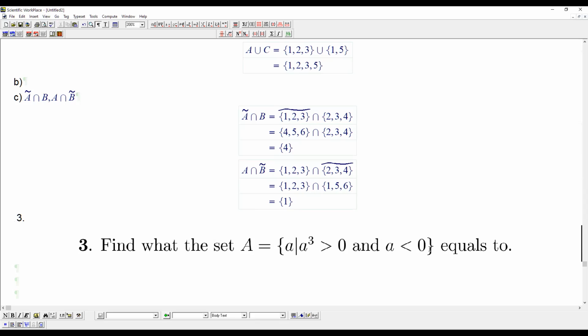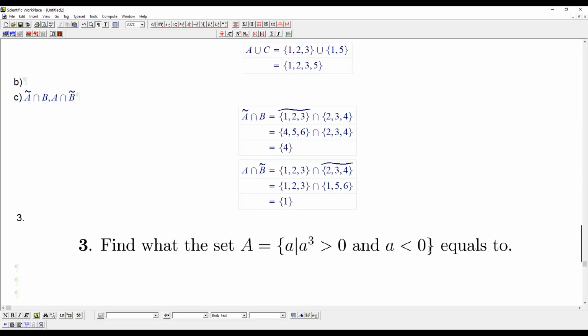So yes, this is a set. Is this related to anything positive or negative?